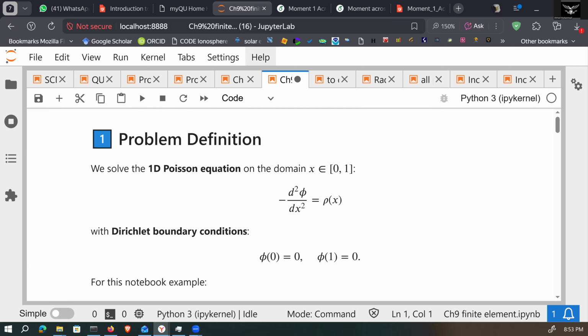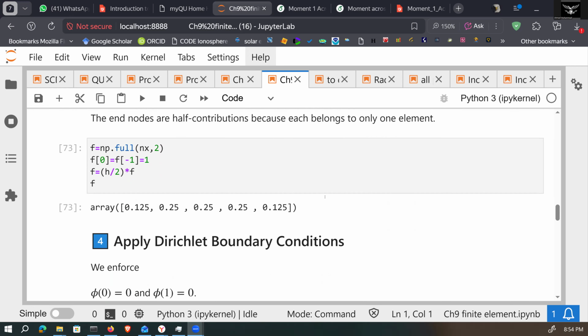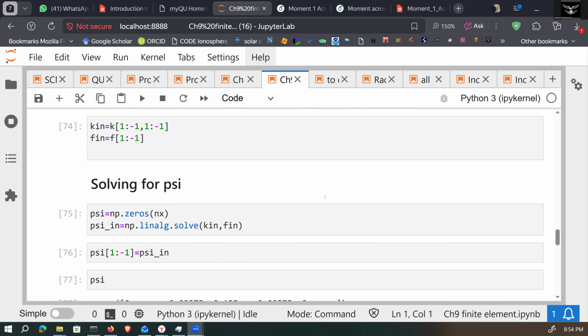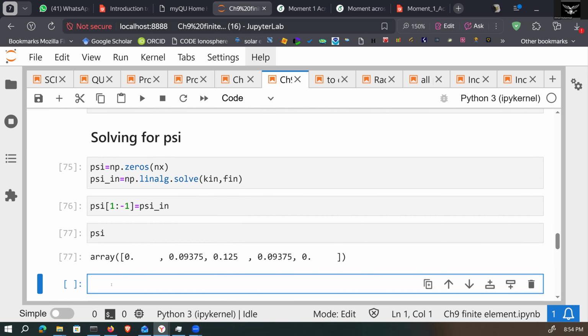If I can remember properly, the real analytical solution is 0.5 times x times 1 minus x. That's the analytical solution for that very problem.